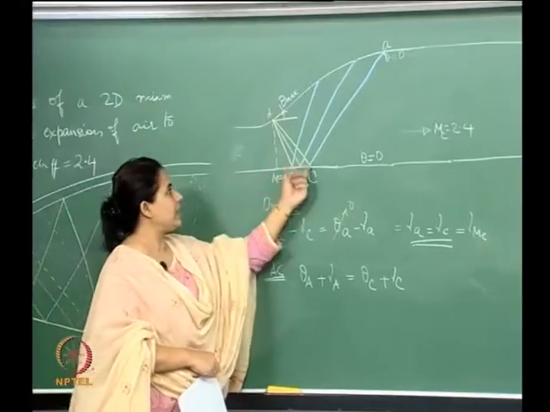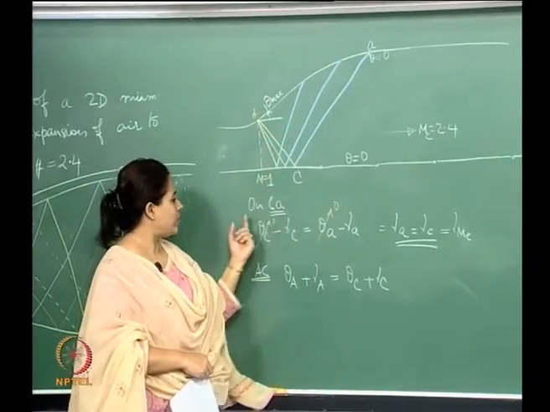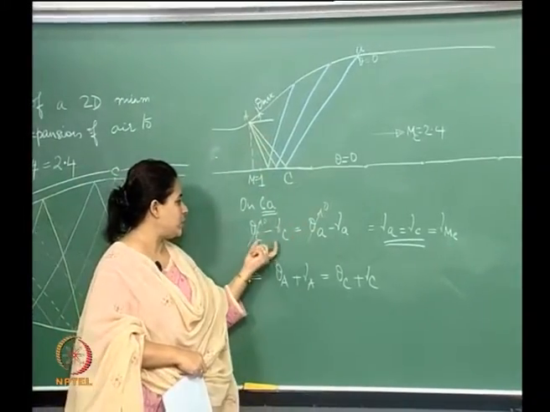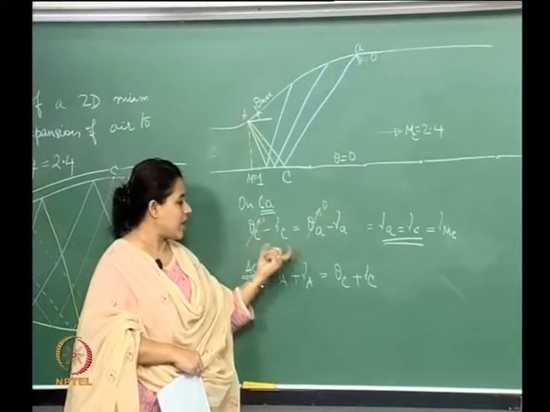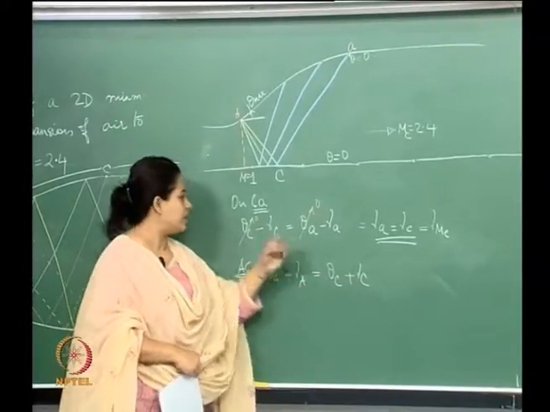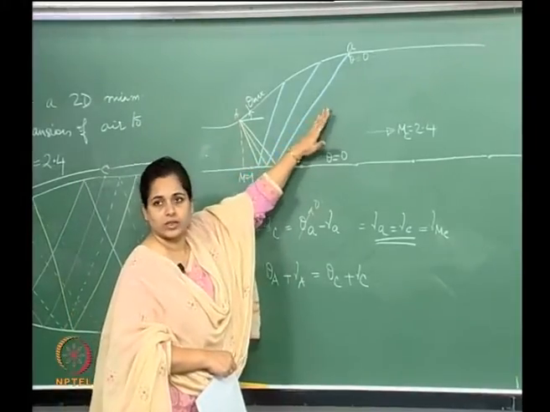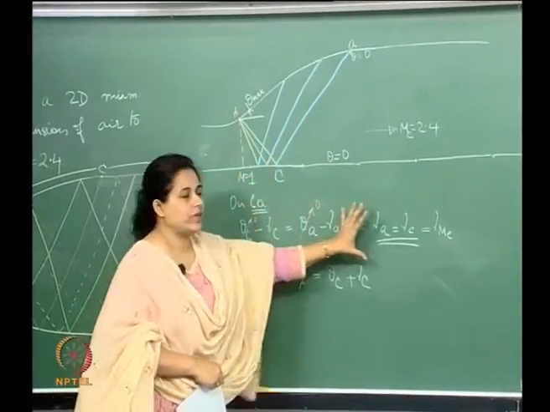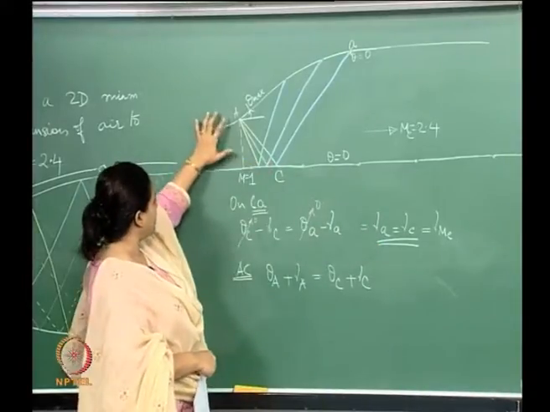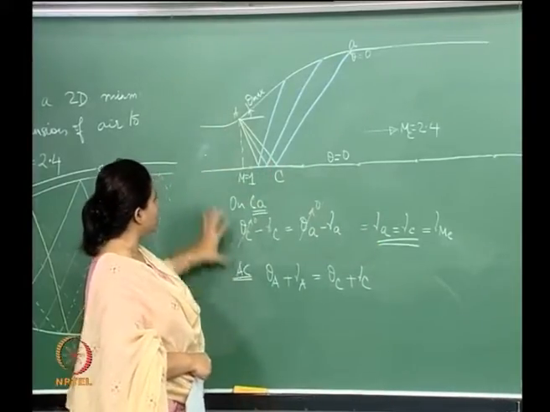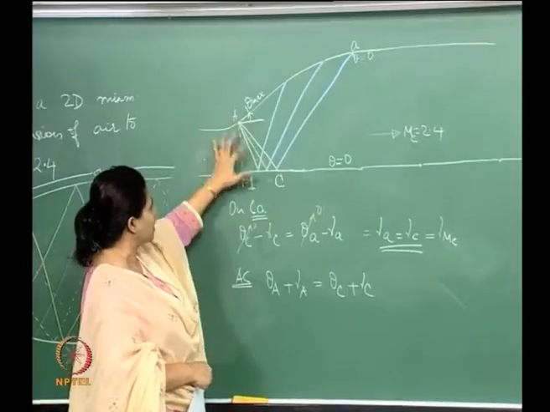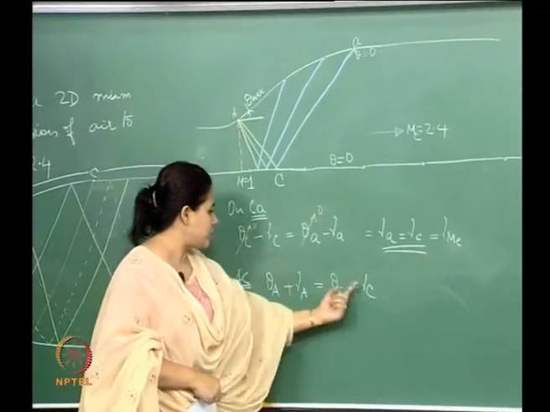When we took CA and wrote this equation, I was considering the right running characteristic, hence we got this from there. And here we are using a left running characteristic between A and C, and therefore this is what we are getting.